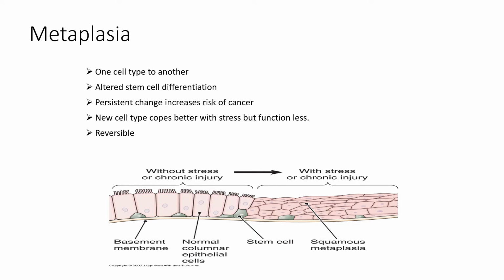This squamous epithelium, it resists the harmful effects of smoking better. However, it functions less لأنه ما بتقدر السكويموس cells تحمي البرونكيال wall.